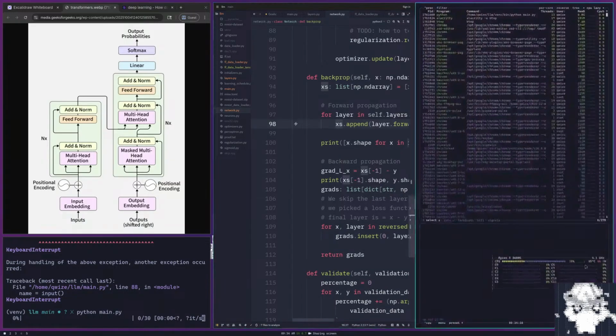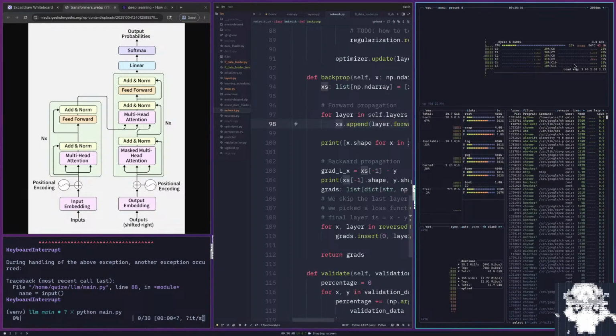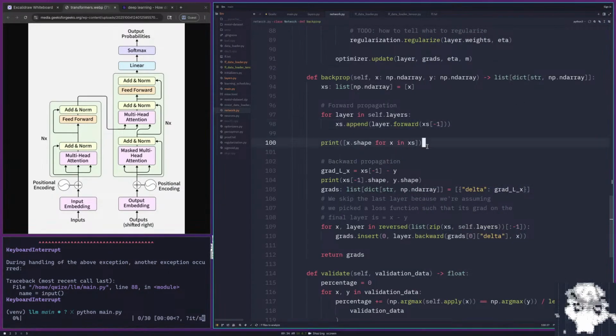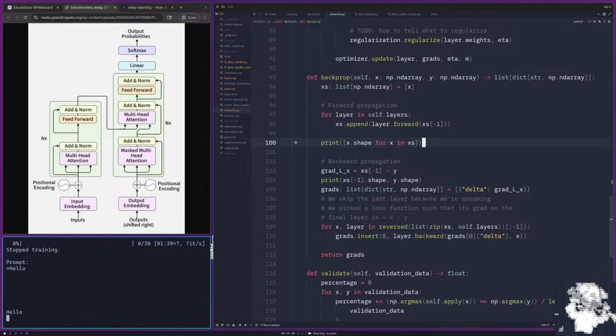How's my CPU doing? It's not really in use. So what's actually happening right now? Let's kill that. Obviously it didn't do a single round of training, so that's not going to work.